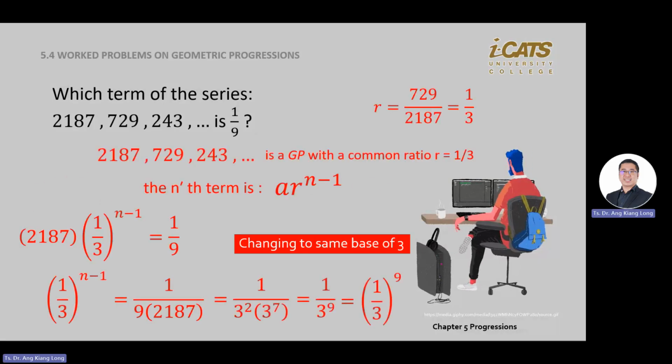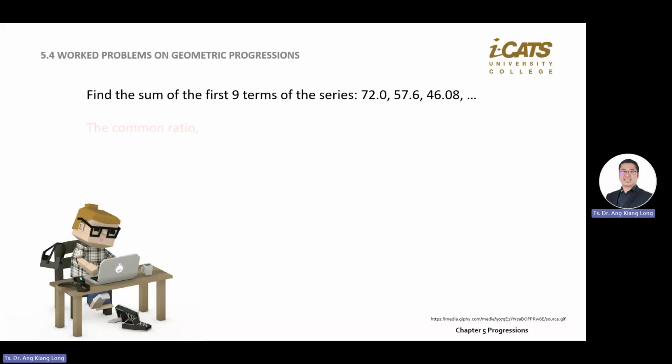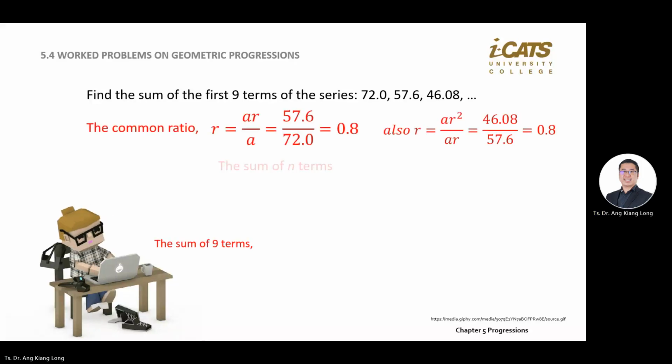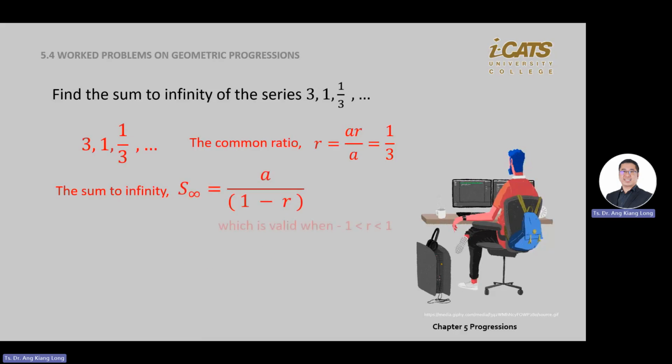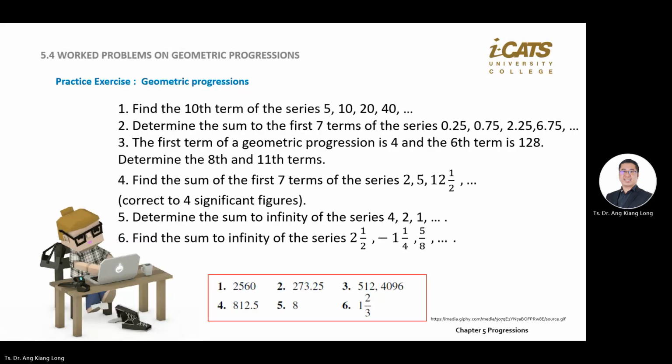I'll skip this one, your homework. This one also same. I will skip. This one also your homework. Go and see. All right. So those whose test one is less than 60 marks, choose 2 from here. Show me tomorrow.